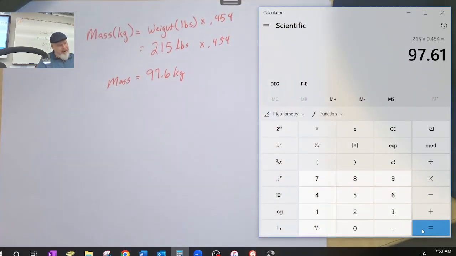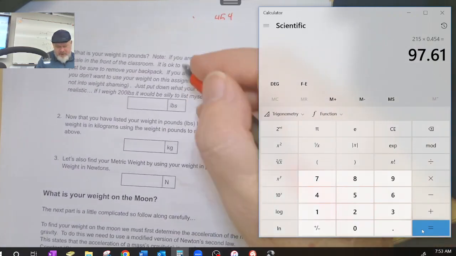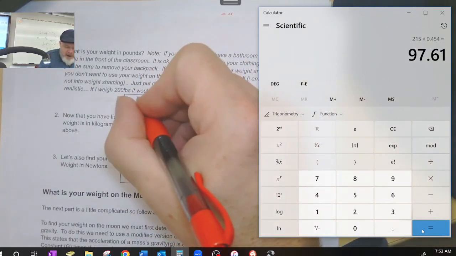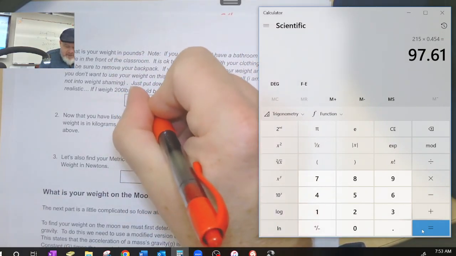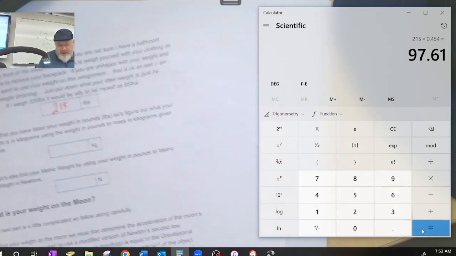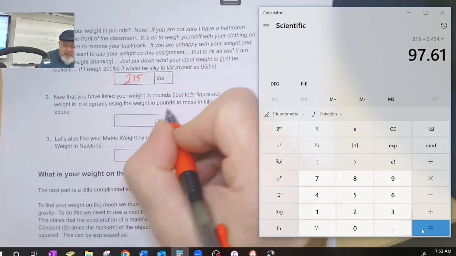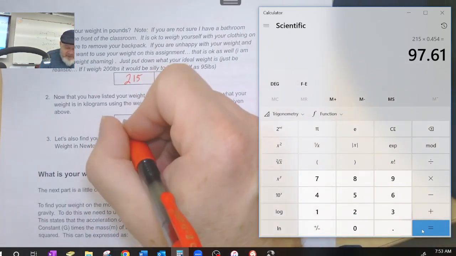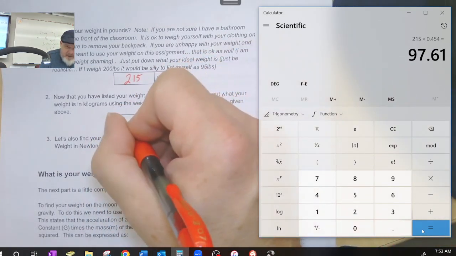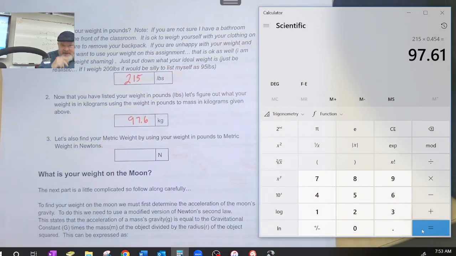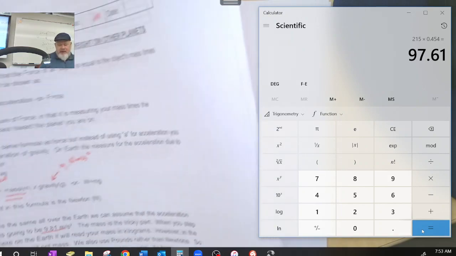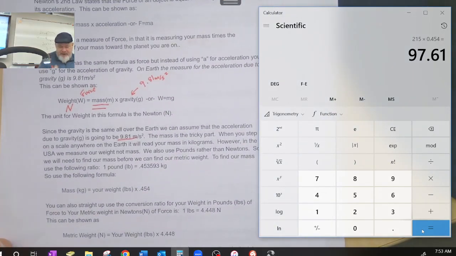Which means on my lab now, right here where it says, what is your weight in pounds? I'm going to write my weight as it is in pounds, which was 215, right? Okay. And then I'm going to put what I just figured out my mass was in kilograms, which was 97.6.